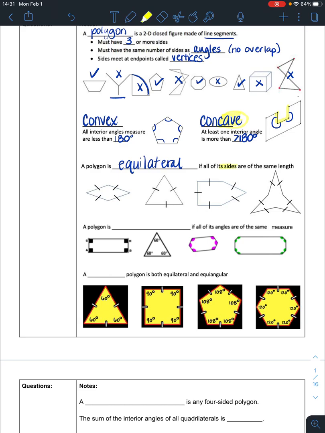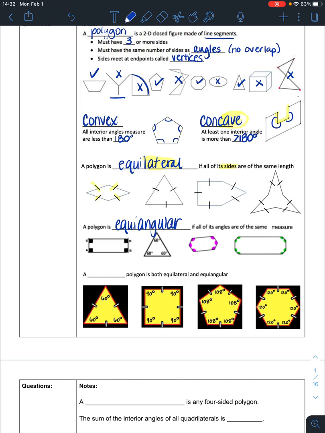Lateral means sides, equi means equal, and we mark that just like we've been marking it all year, with these little tick marks on the sides. That means that they're all the same. We don't go by what it looks like, we go by what it's marked or by the information in the problem. A polygon is equiangular, equi meaning equal, angular meaning angles, if all of its angles are the same measure.